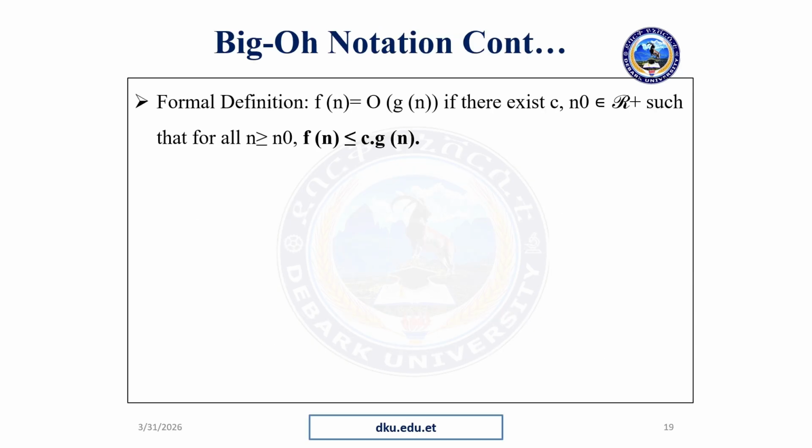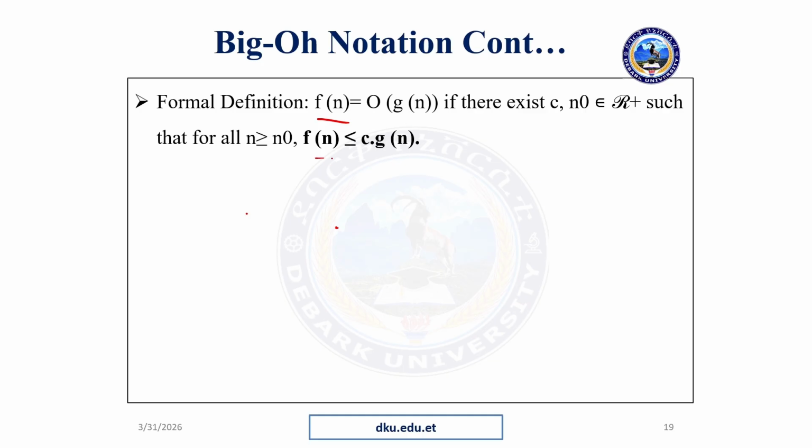When we see the formal definition of big O notation, f of n is equal to big O of g of n if there exist c and n naught, positive constants, such that for all n greater than n naught, f of n is less than or equal to c times g of n.